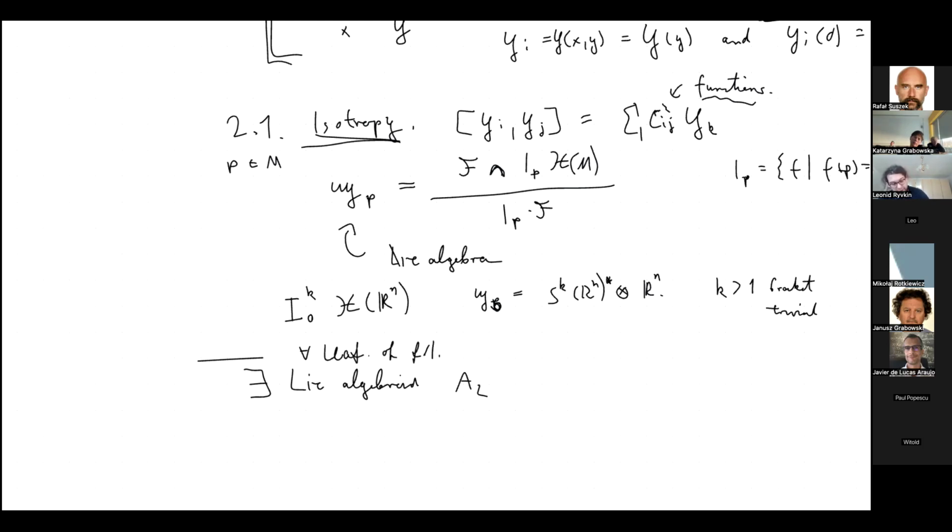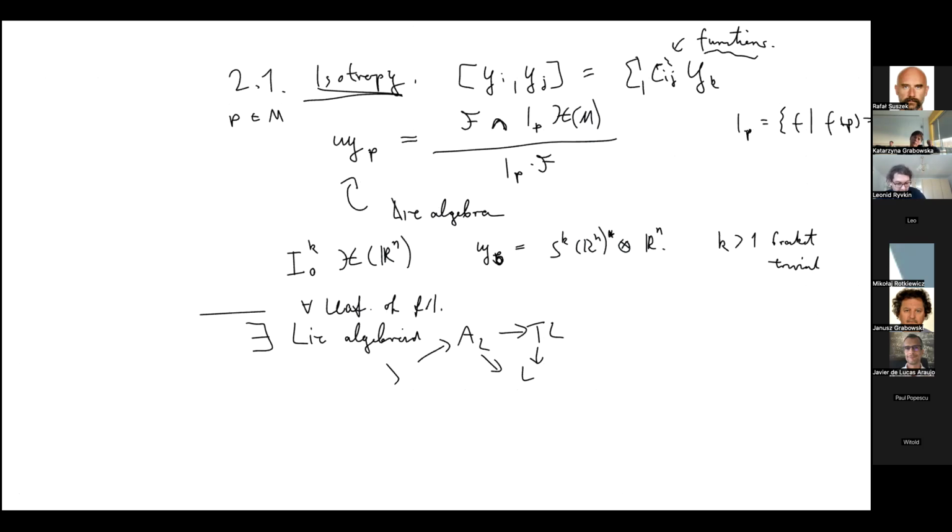It's a Lie algebroid over L, meaning its anchor goes to TL. And at every point, the kernel of it, the things with trivial anchor, will just be the corresponding isotropies. So we can put together the tangential information of dynamics along the leaf with the isotropy information and get a Lie algebroid.